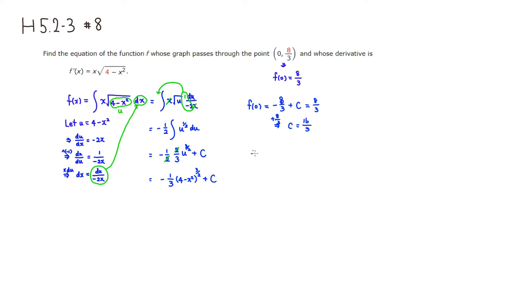So we just put it back in. Therefore, we found f of x to be negative 1/3 times the quantity 4 minus x squared, raised to the 3/2 power, plus 16/3. So let's type it in.